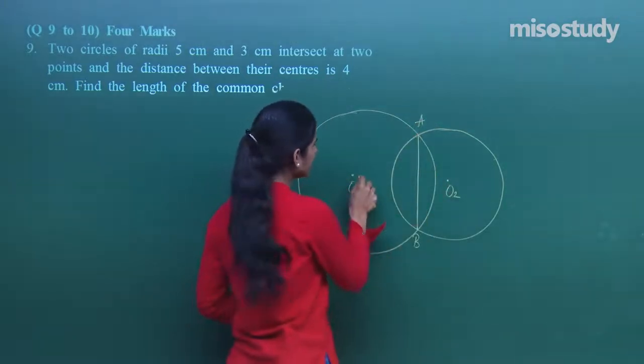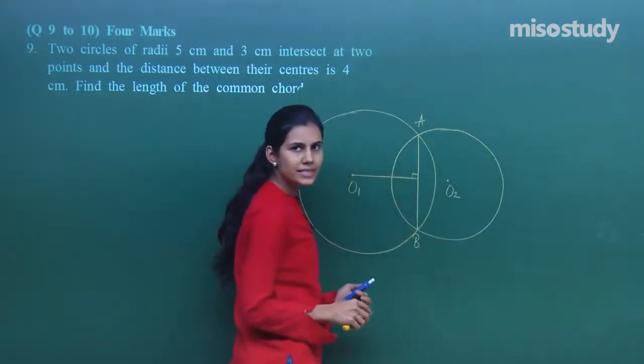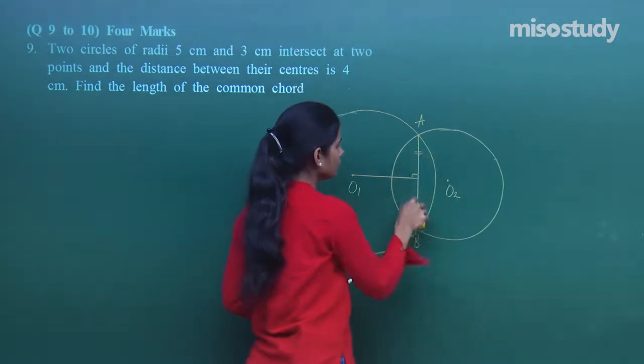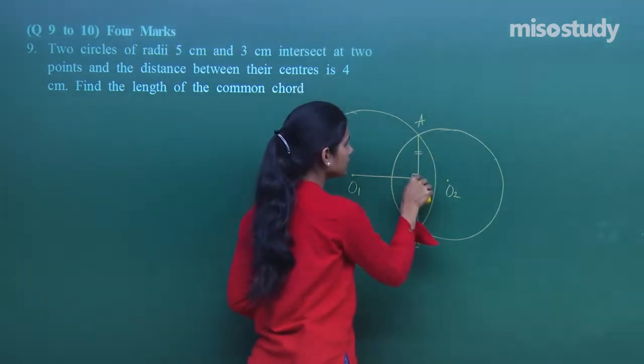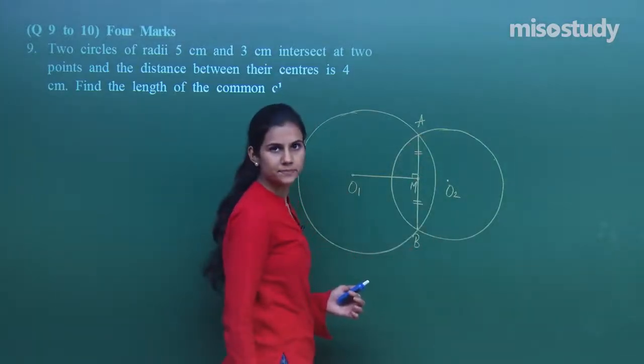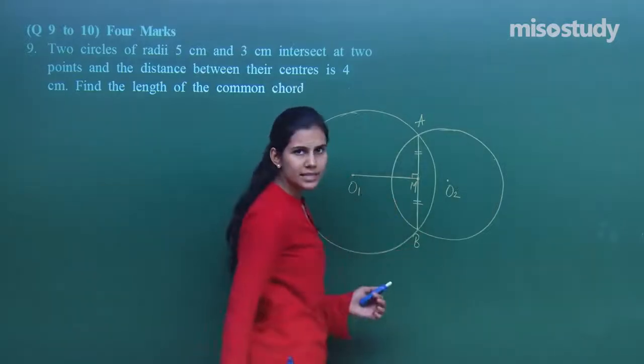Please try to understand very carefully. If I drop a perpendicular from here onto this chord, it will be bisecting this chord. Why? Perpendicular from the center to the chord bisects the chord. So this will be equal to this, and so if this point I am declaring as M, M is the midpoint of chord AB because perpendicular from the center to the chord bisects the chord.